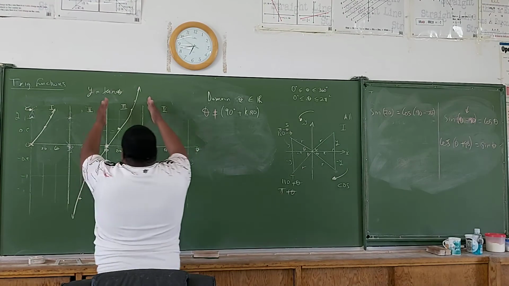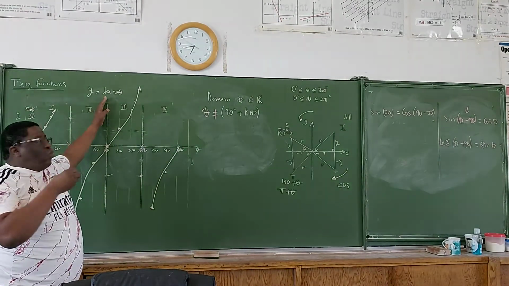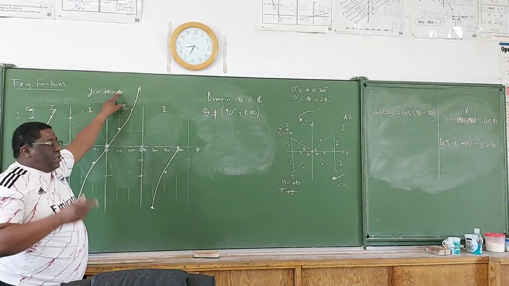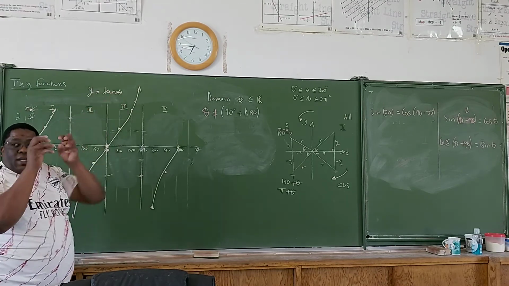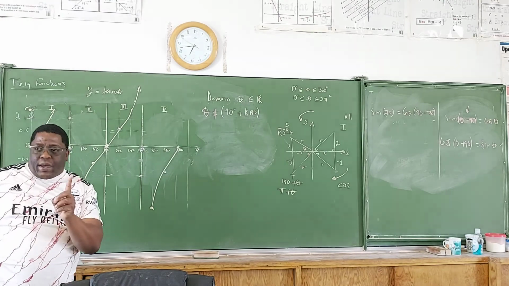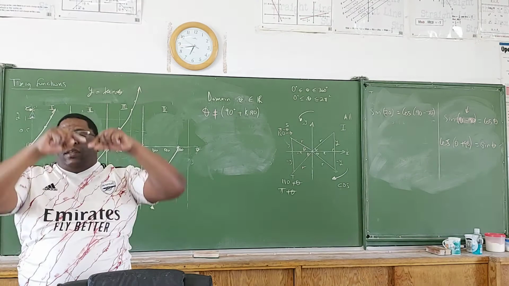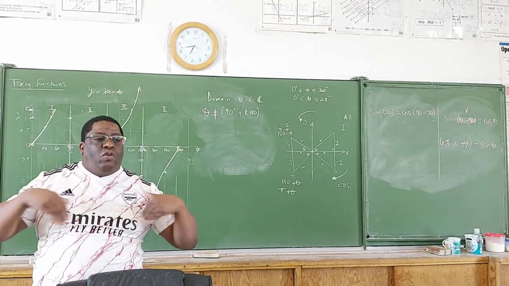If we put a 2 here, if we put a 3 here, something happens with the period when you put a fraction here. Because it's tangent, you take that number and divide it into 180. If it's cosine or sine, you take whatever is in front of that angle and divide it into the 360, in order for us to see what our period would now be, how it will look.